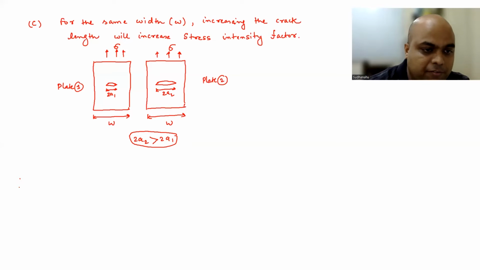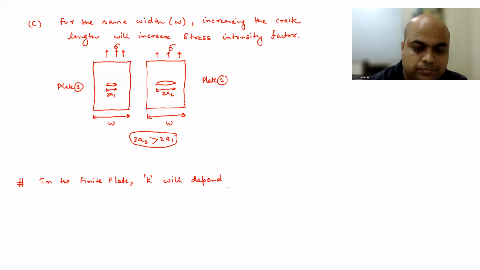So overall, in the finite plate, K will depend upon both crack length and width of the plate.